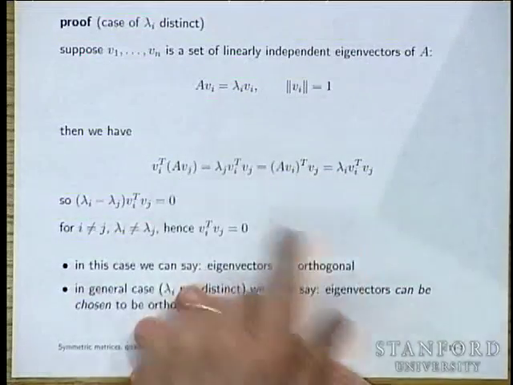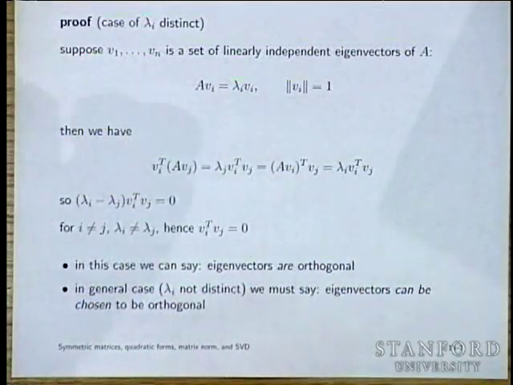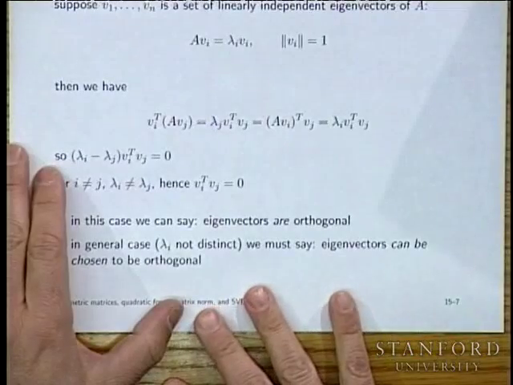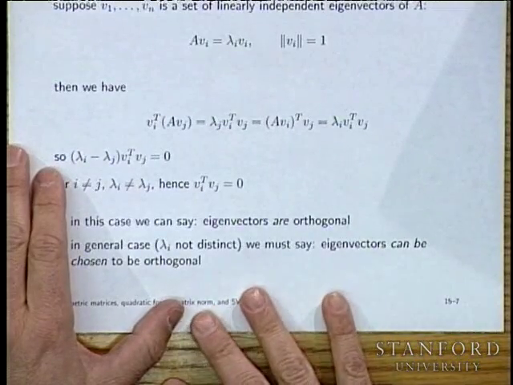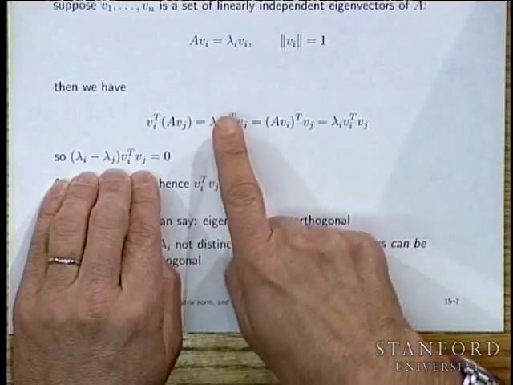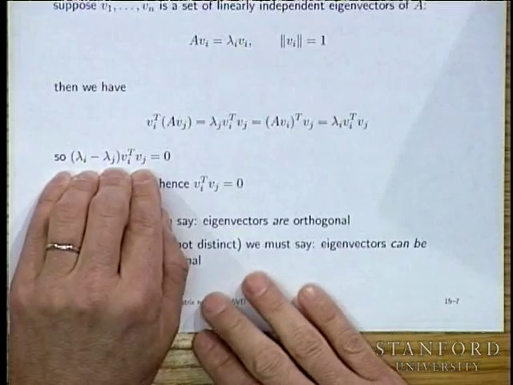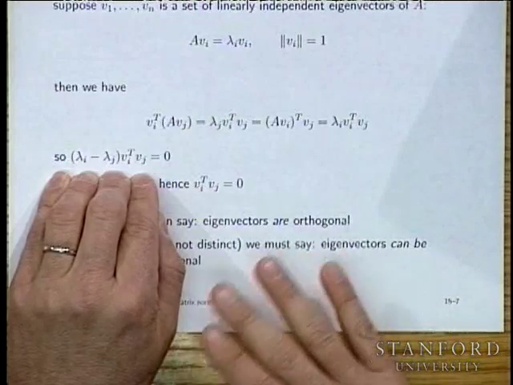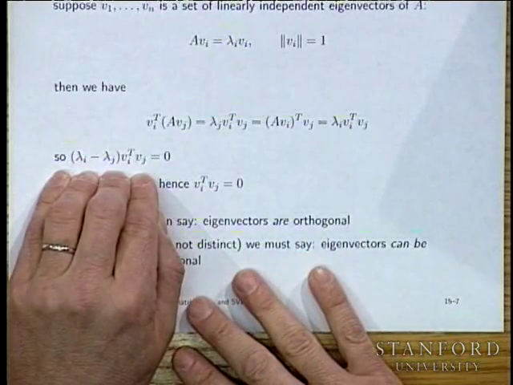Now when you do things like this, you have to be very careful. It's just like the calculation we did before. It's probable that you made a mistake, but you can check here there is no mistake. And you see the following. If i is not equal to j, you get this statement just by saying this is equal to that. Now there's only two possibilities. If i equals j, this is a non-statement because it says 0 equals 0.